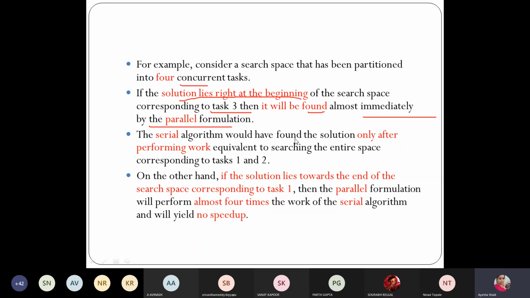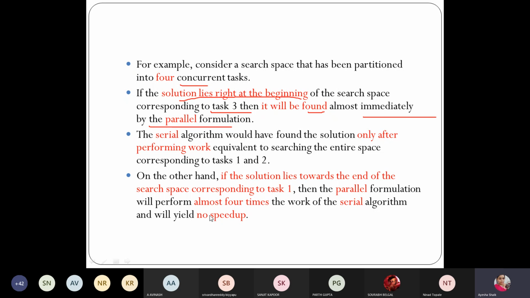But the serial algorithm will find the solution only after performing the work equivalent to searching the entire space corresponding to tasks 1 and 2. On the other hand, if the solution lies towards the end of the search space corresponding to task 1, then the parallel formulation will perform almost 4 times the work of the serial algorithm and will yield nothing.